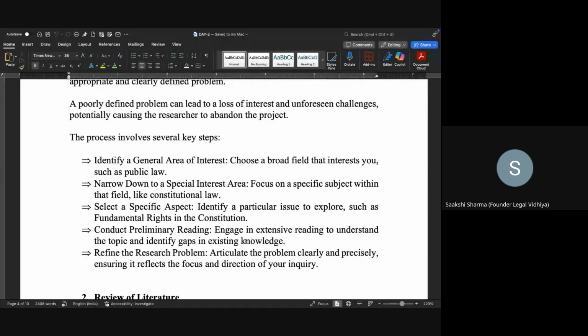Say, for example, I am someone who likes criminal law. The broader topic I'd like to choose is criminal law, then I'll narrow it down to a specific interest area. Say my interest area in criminal law relates to rehabilitation of prisoners. So that is a specific aspect that I'd like to select.